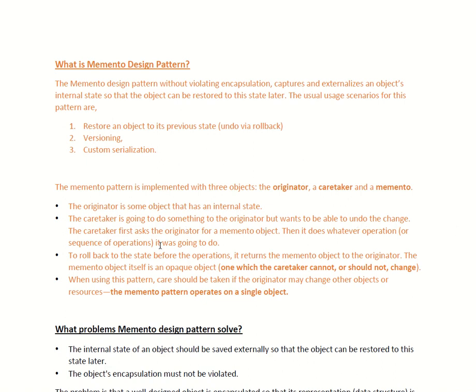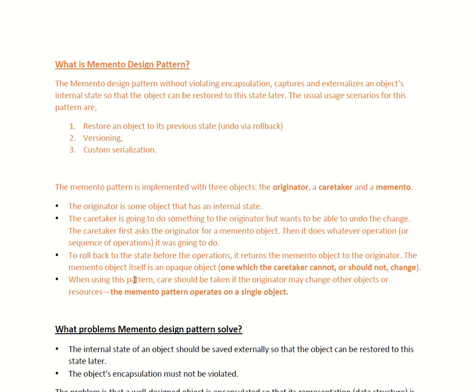The caretaker first asks the originator for a memento object, then it does whatever operation or sequence of operations it was going to do. To roll back to the state before the operations, it returns the memento object to the originator. Suppose you want to roll back all the operations you applied on an object, then you simply return the memento object to the originator.